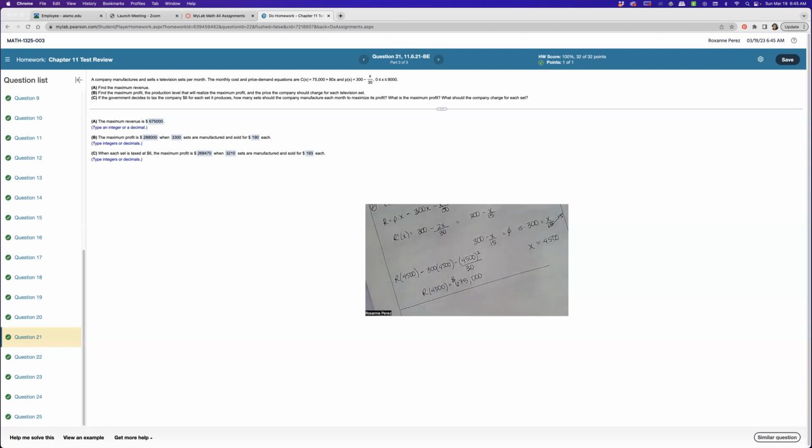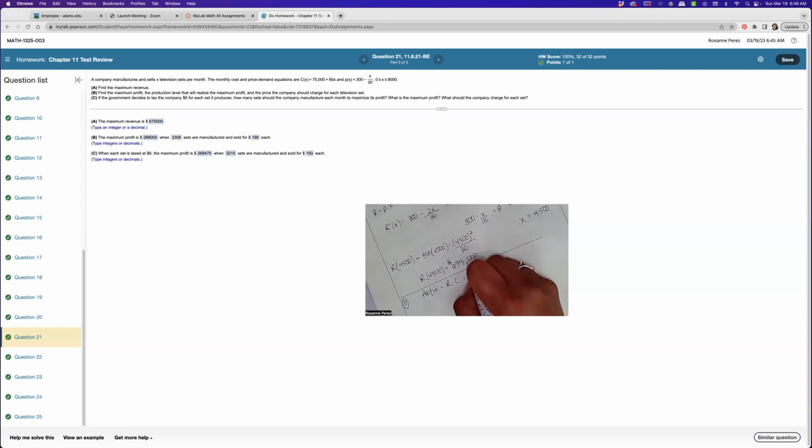Now part B, the maximum profit. We need to, again, find our profit function. So revenue minus cost.